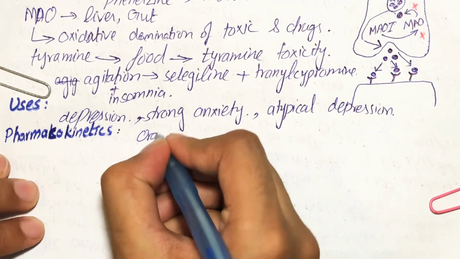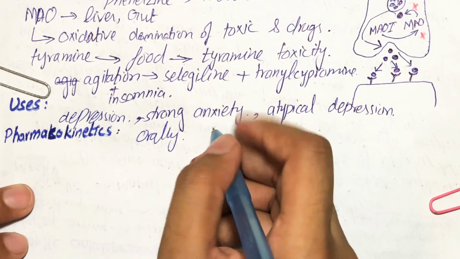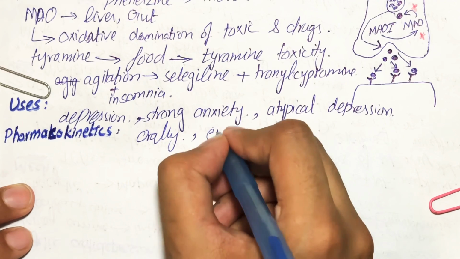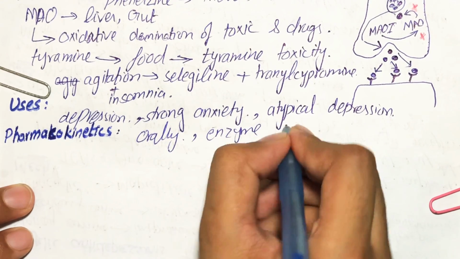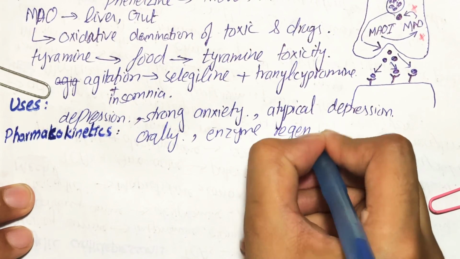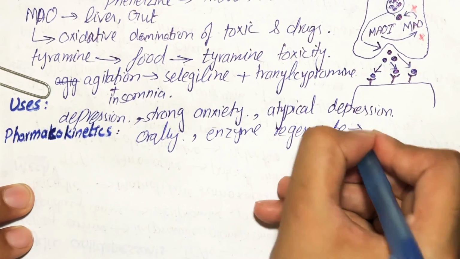These agents are well absorbed orally. Monoamine oxidase inhibitors actually inhibit monoamine oxidase. So these enzymes require several weeks to regenerate after termination of these agents.